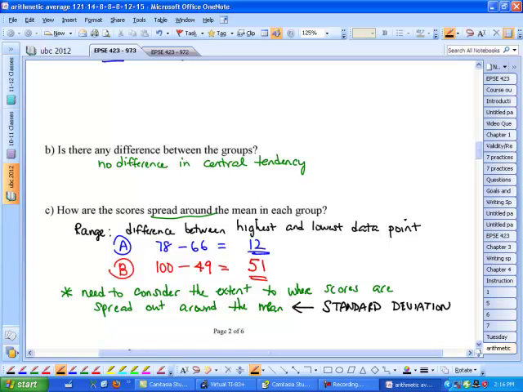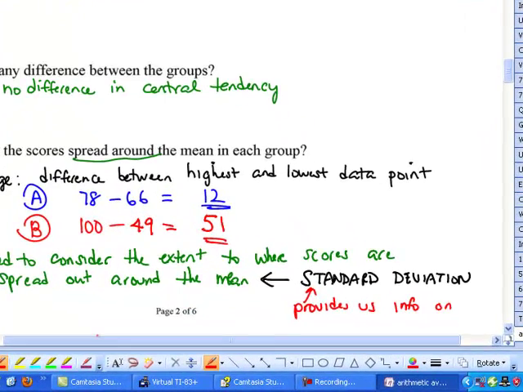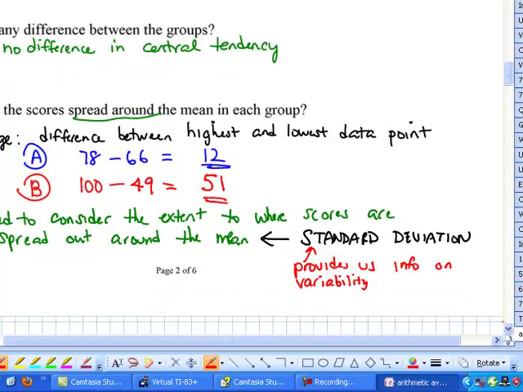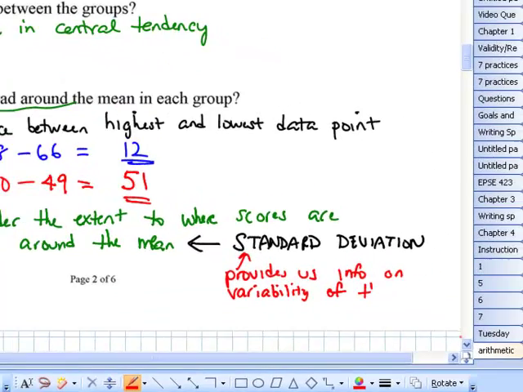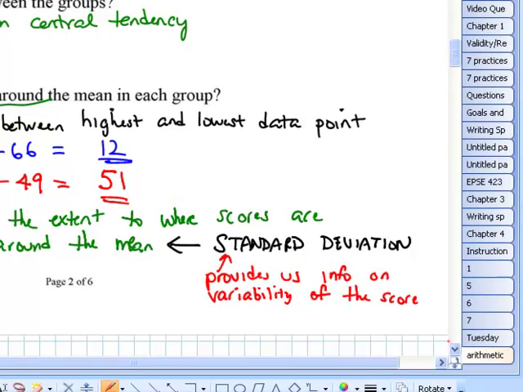Okay? And really this provides us info on what we call the variability: not just what's the middle, but how far away from the middle the scores will be.